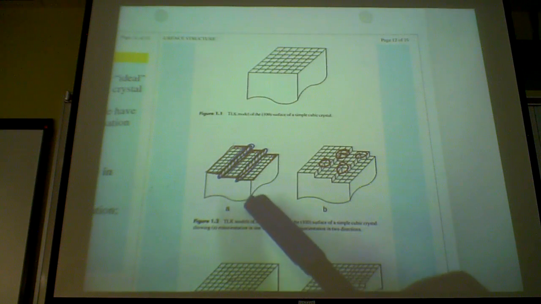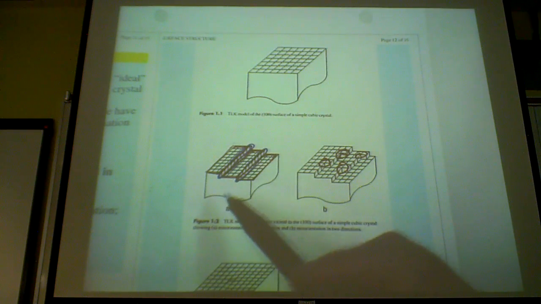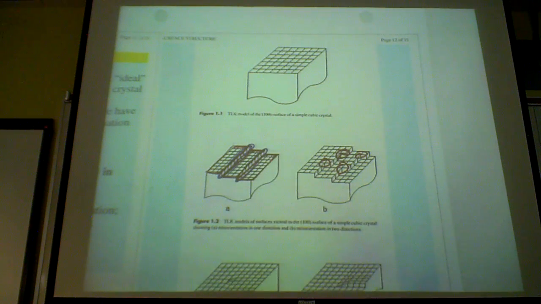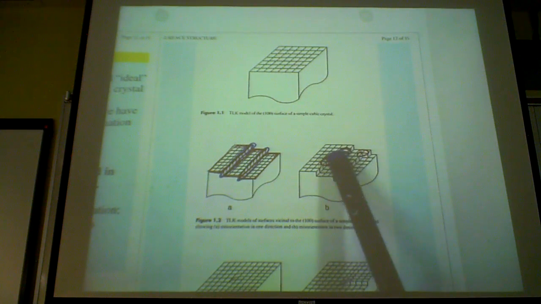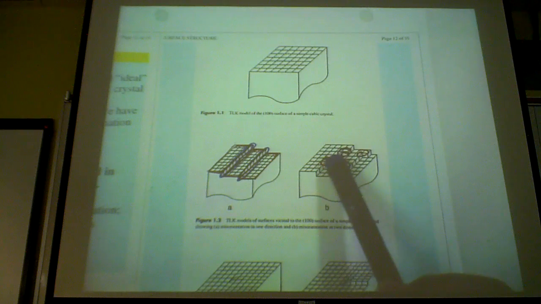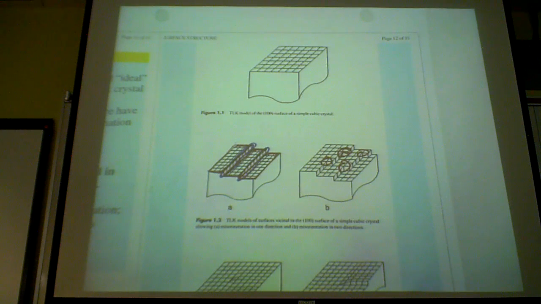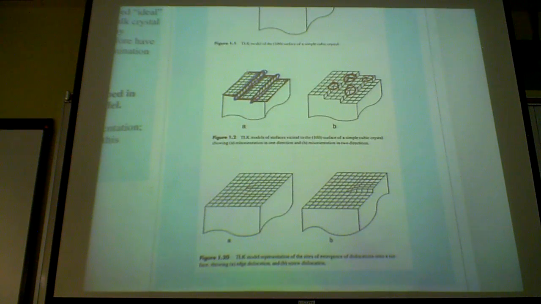So in the TLK model, the terrace is this flat area, the ledge is this highlight in blue, the step boundary between terraces, and then a kink is a twist at a little point along the ledge or step boundary that you have. That's called the kink.